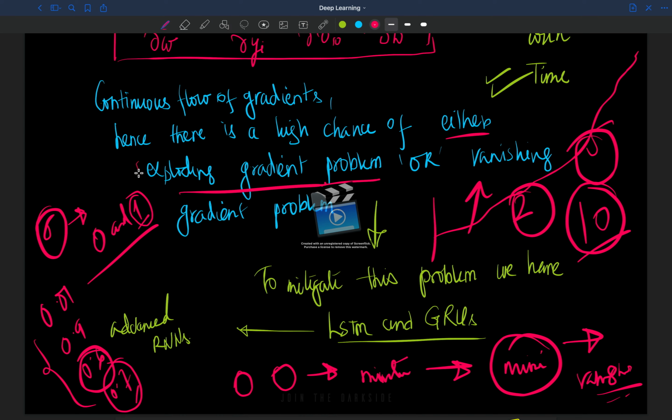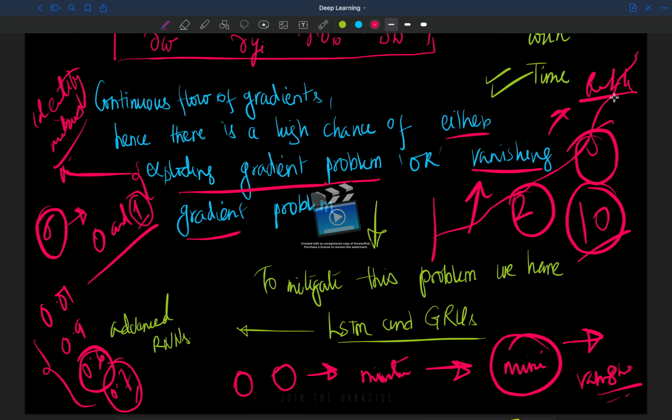For exploding gradient, we initialize the weights in terms of identity matrices. And for vanishing gradient, we have some workarounds, like instead of using tanh, we can just use ReLU, which is widely used currently.